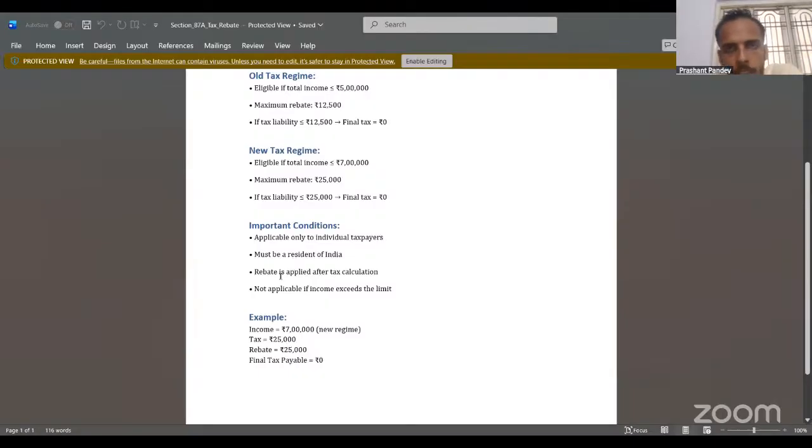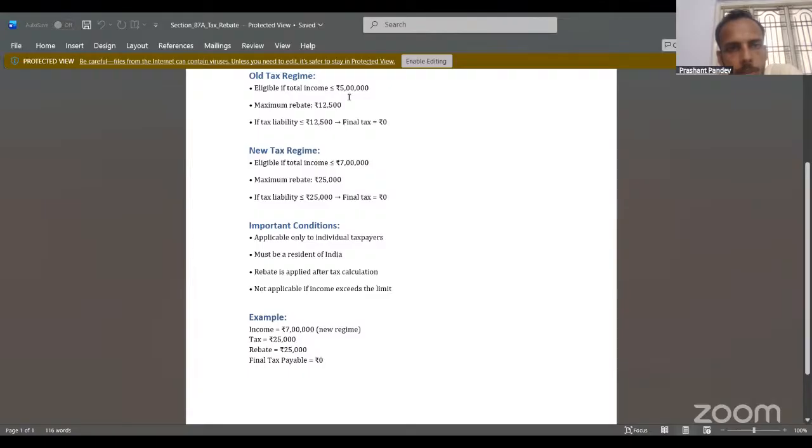Rebate is basically applied after the calculation of the taxable income, after tax calculation. And if the income exceeds this limit, for example, if the total income is above 7 lakh, then the assessee cannot avail this rebate of 25,000. This is a very essential condition that your income should not exceed this limit.